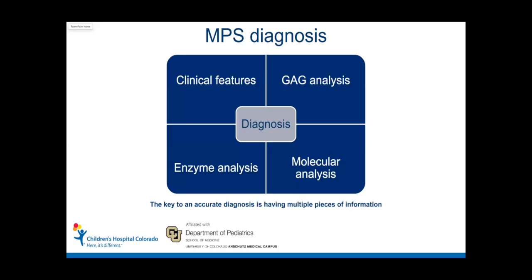So again, when I started, molecular analysis was the cool, neat thing, and it was often where we spent the most amount of our time. But now molecular analysis is really pretty straightforward, and I'm going to start here because I don't have a lot of information to give you in terms of unique aspects of MPS diagnosis.